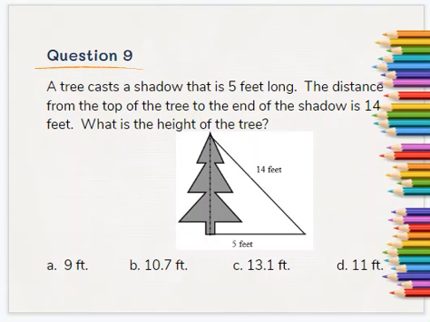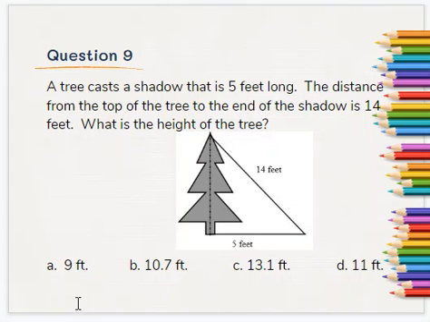Now, question 9. A tree casts a 5-foot shadow. The distance from the top of the tree to the end of the shadow is 14 feet. We need to determine the height of the tree.